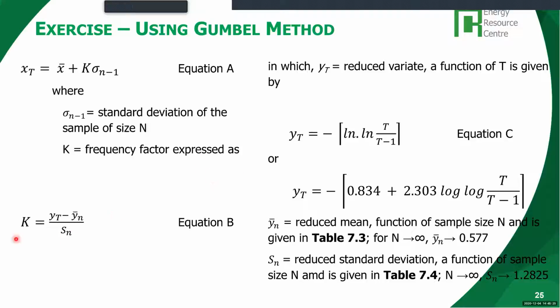Sorry. So to get this K factor, we use this formula, and YT is based on the return period T, which is given by this equation. In log base, this is the equation. For YN and SN for the Gumbel distribution, there are standard tables, 7.3 and 7.4 in the book I followed.